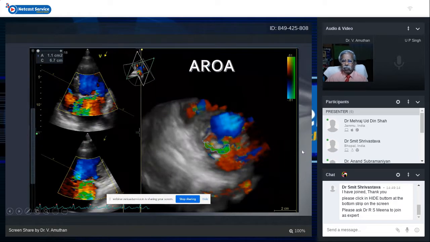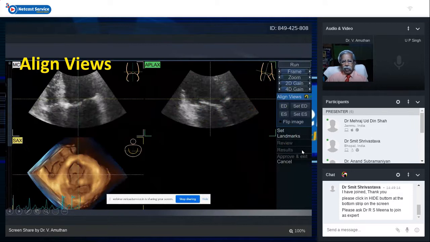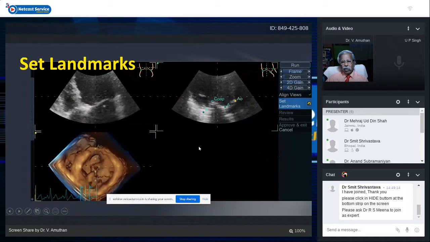So 3D helps you in identification of this. And for recording the valvular anatomy, you have to use this software, the mitral valve quantification software, where you have to align views first and then set landmarks. This is the posterior annular border, this is the anterior border, this is the coaptation point, this is the aortic anterior wall.